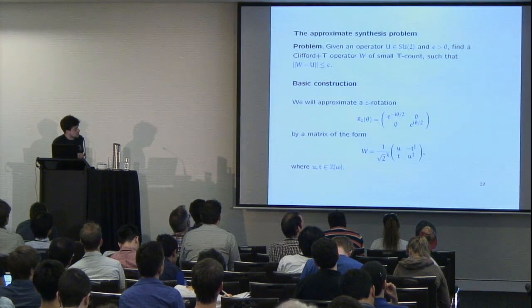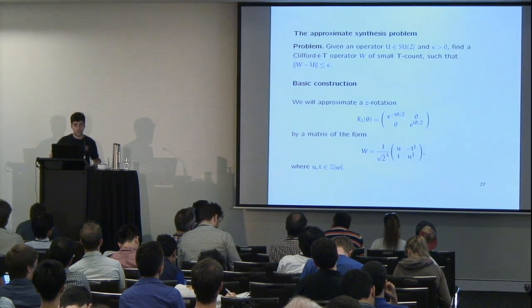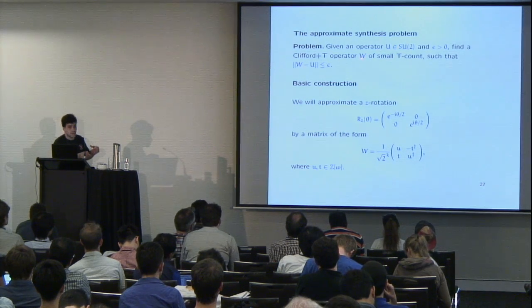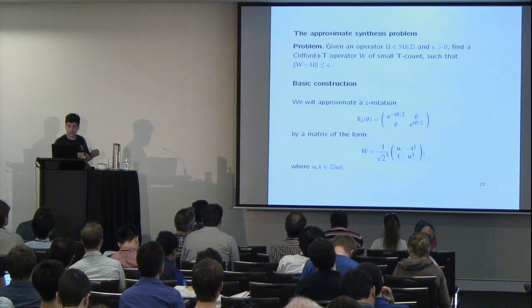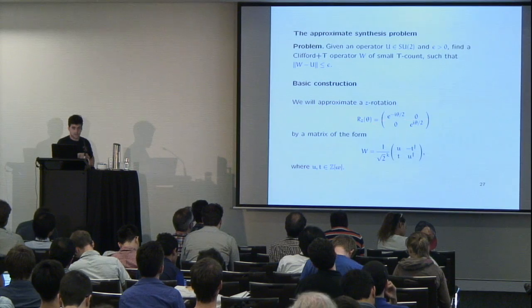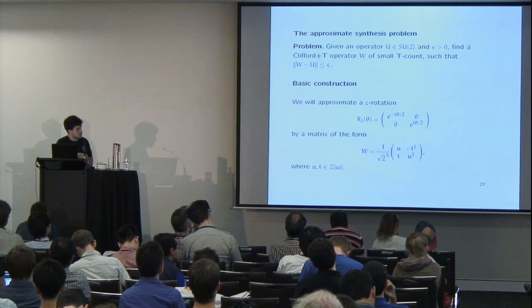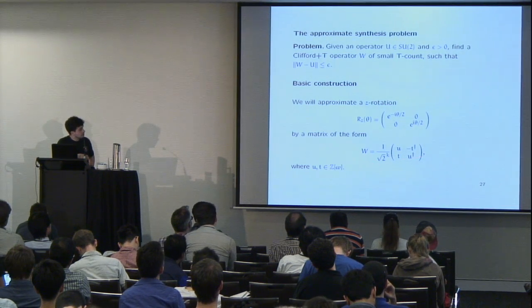And the idea is that what we're going to do is, first of all, we focus on Z rotations. So it's a restriction on the problem. We don't consider arbitrary elements of SU2, but only elements of this form here. Okay? Now, given such an operator, we're going to be looking for one in this form, so the form described by KMM.